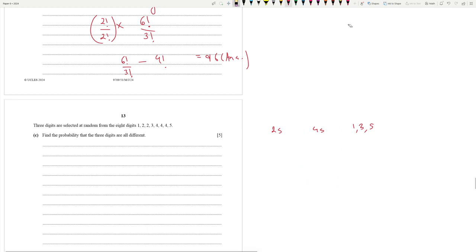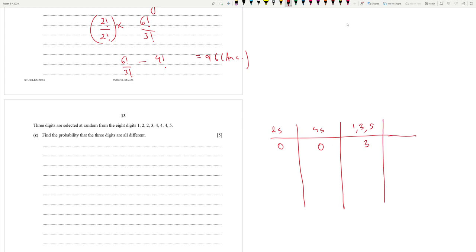So let's do this. So what if I have 0 2's, 0 4's, and all 3 of these? That's gonna be unique, right? Because these are 3 different numbers. So that's 3C3. I am picking this. Okay. So what is the answer for this?